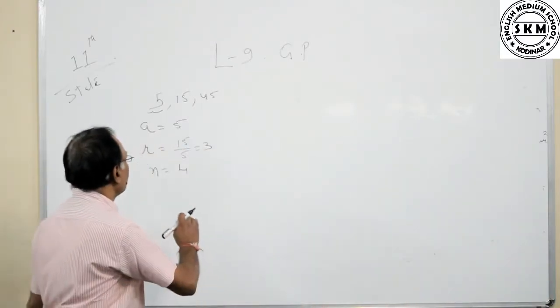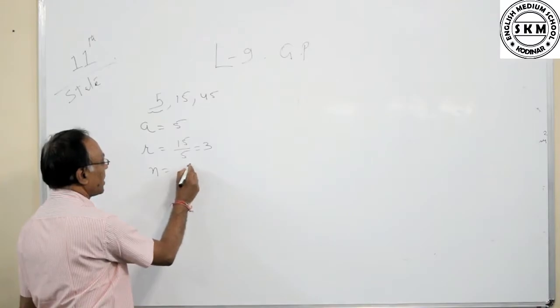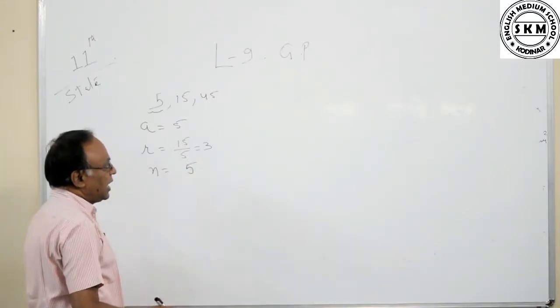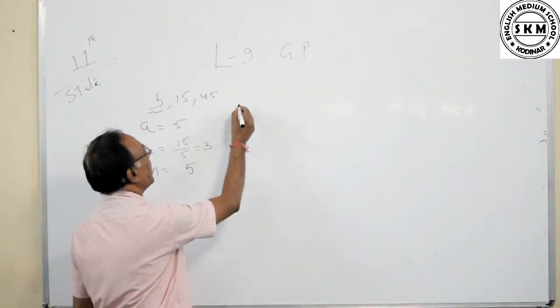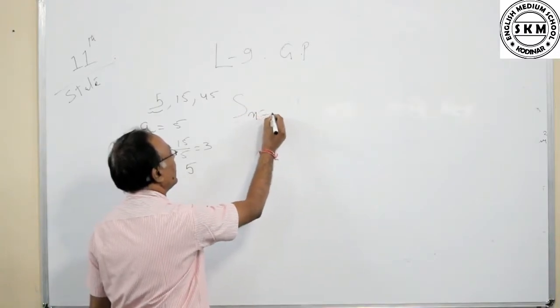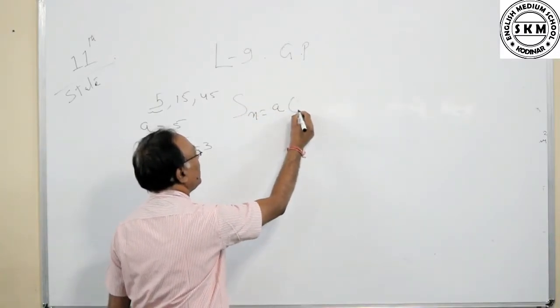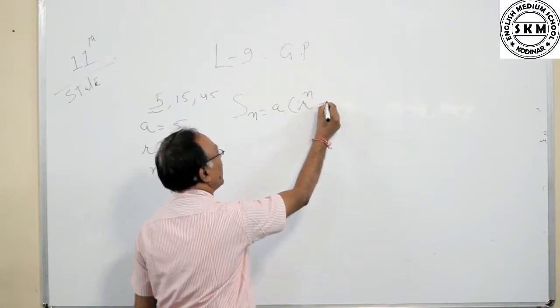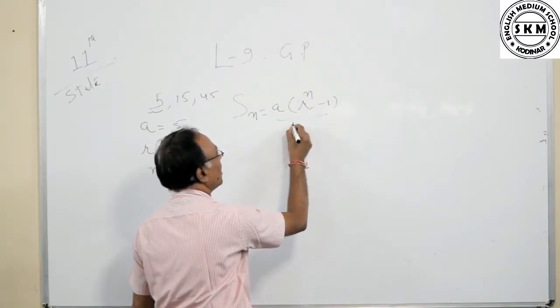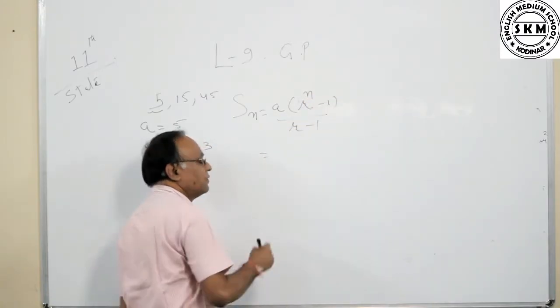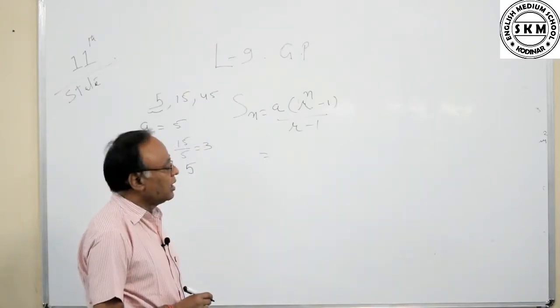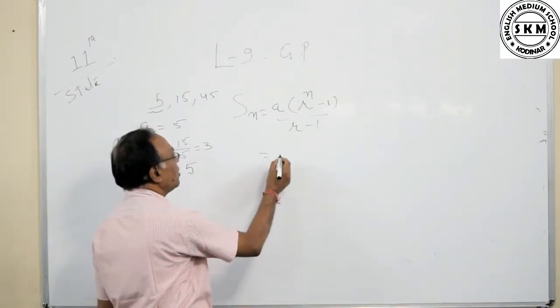Find the sum of the first 5 terms. Sorry, here it is 5. Now apply the formula. Sn is equal to A into r raised to n minus 1 upon r minus 1. Now substitute the values.